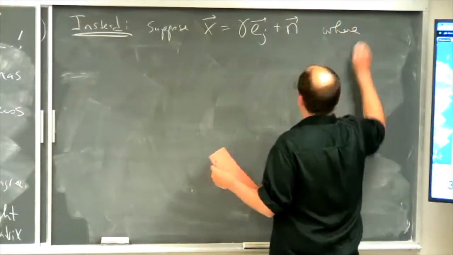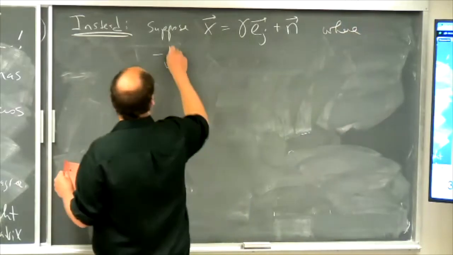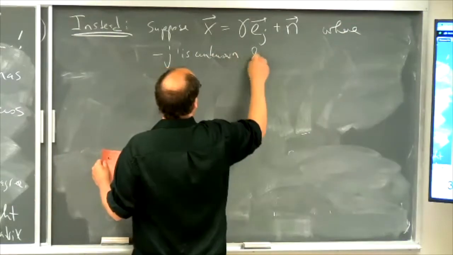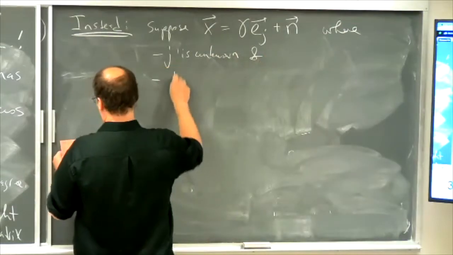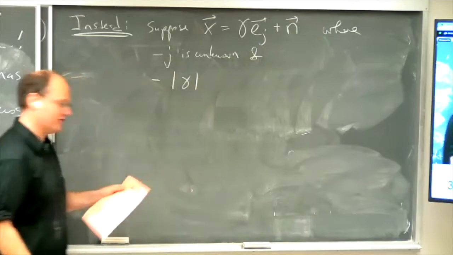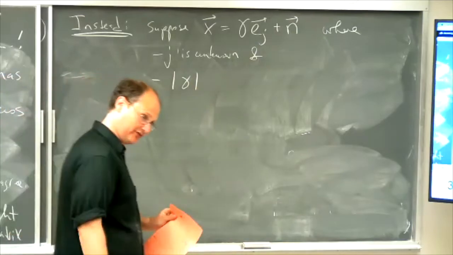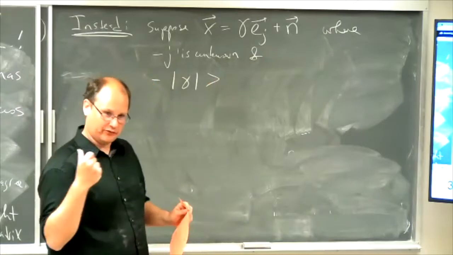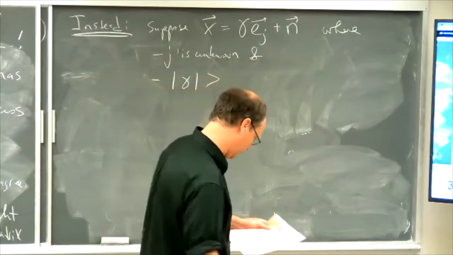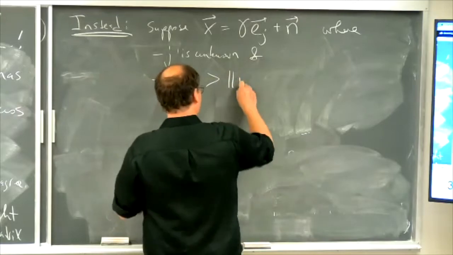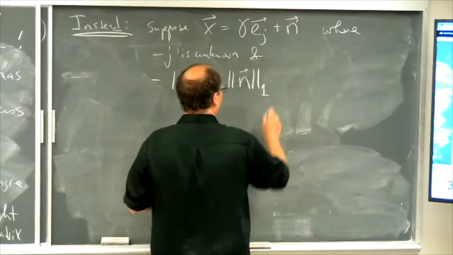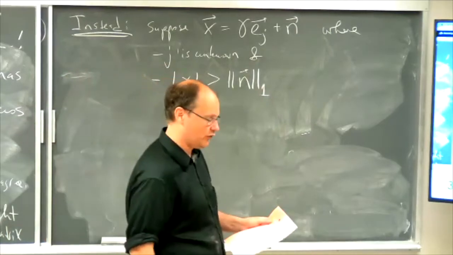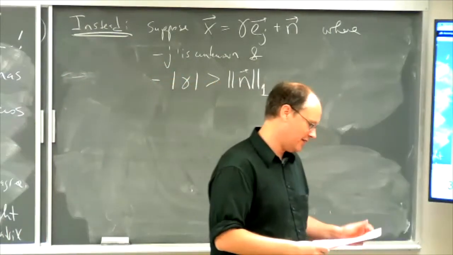And we just have to say that j is unknown and gamma is large, because this is maybe an important entry in a sub portion of our original x. That's what's going to end up happening. It's large compared to, just bigger than, the one norm of this noise vector n that you've added on here.